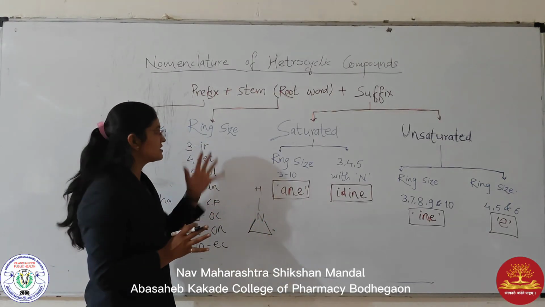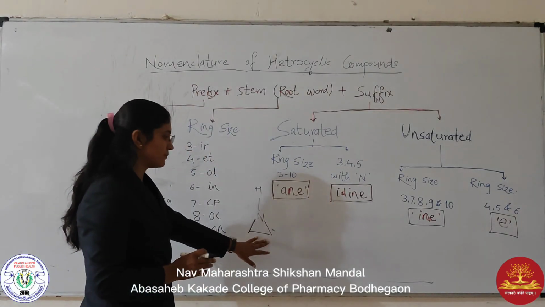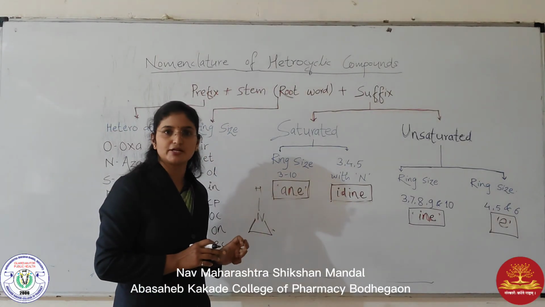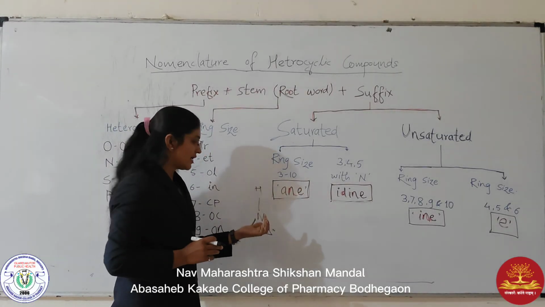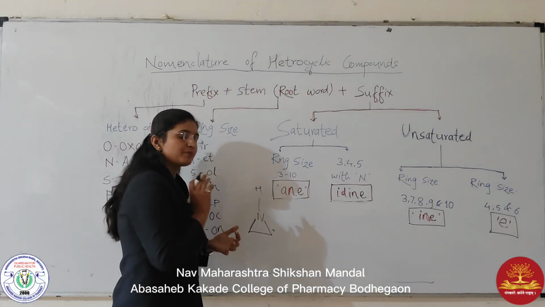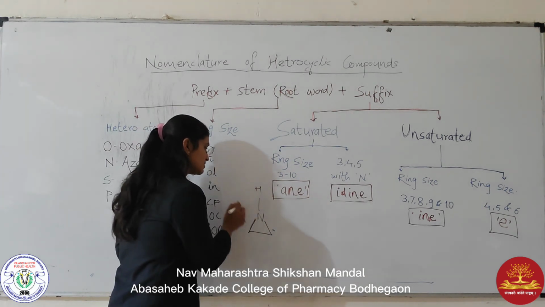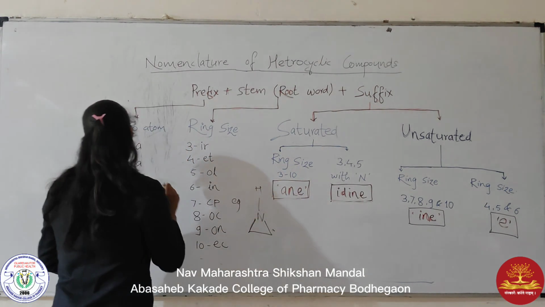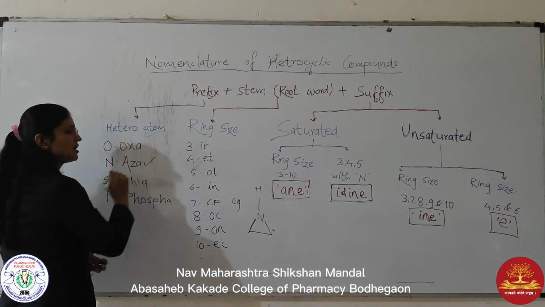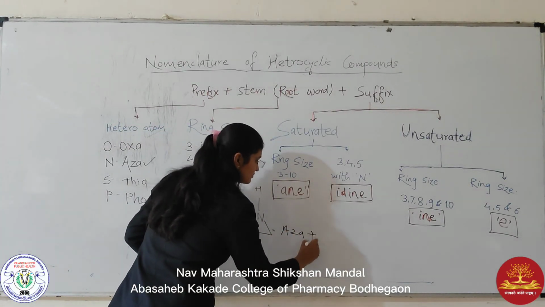Consider this formula for the nomenclature. The prefix depends on the type of heteroatom. In this example the heteroatom is nitrogen, so what will be the prefix? Aza. So write down here aza.